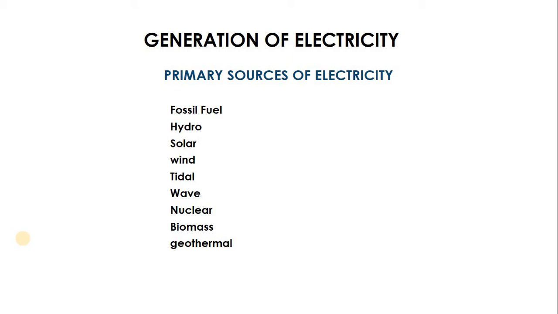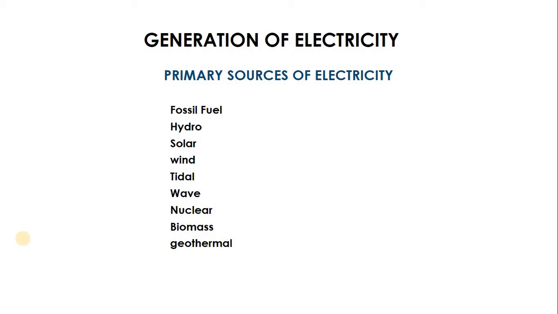So once the turbine turns, it in turn turns the shaft of the generator, and then power is generated. So if we have any means by which we can turn the turbine, we will generate electricity. The primary sources of electricity that we are going to be looking at are the ones that can be used to turn the turbine.